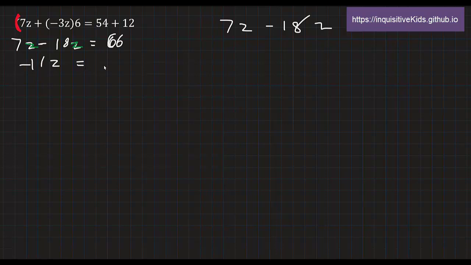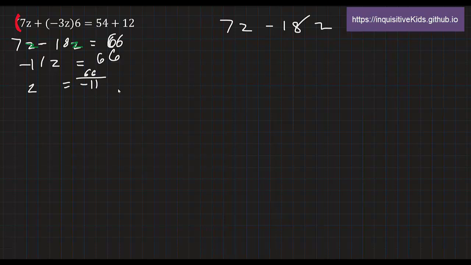And on the right side, we have 66. So now if we want to solve for z, we just divide a negative 11 on both sides. So if we divide a negative 11 on both sides, on the left side will just be a plain old z, and on the right side we'll have 66 over negative 11. What is 66 divided by negative 11?